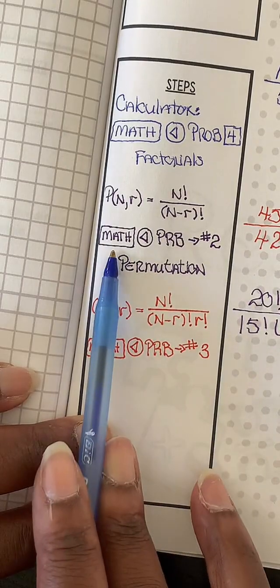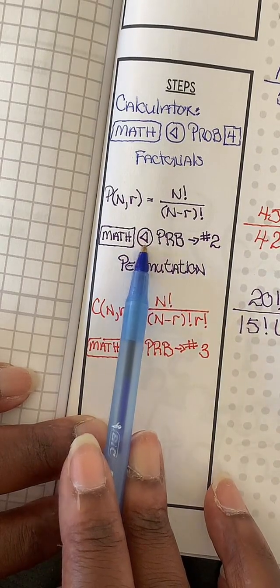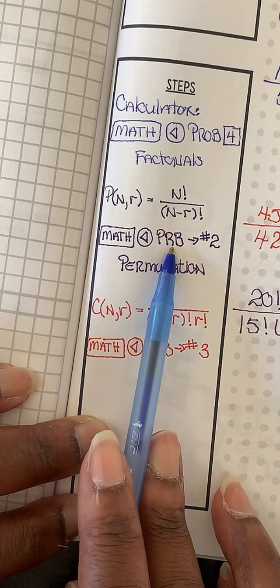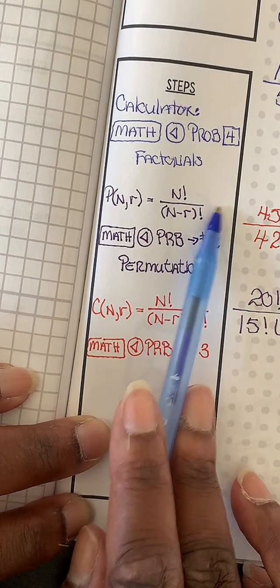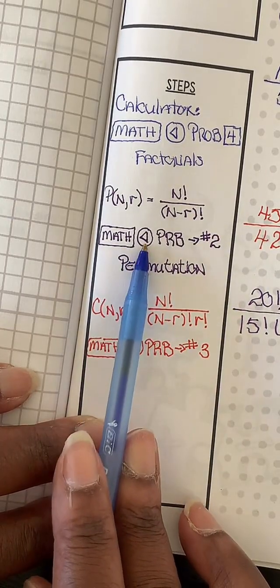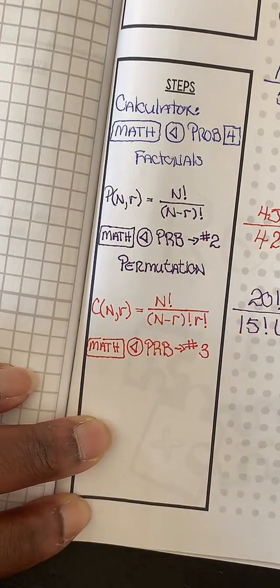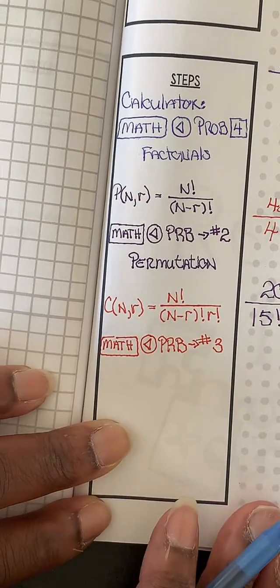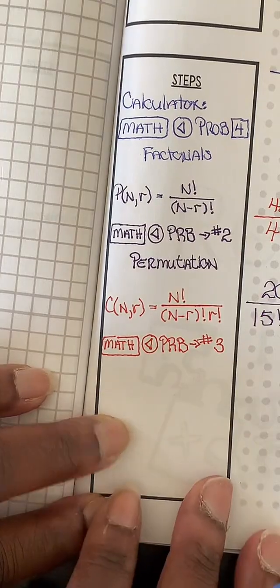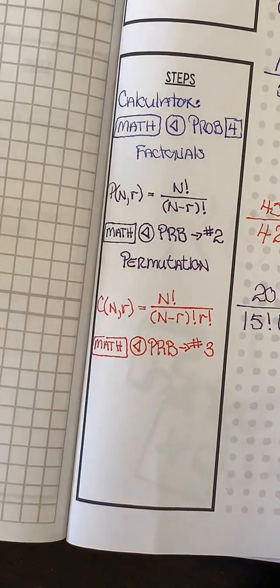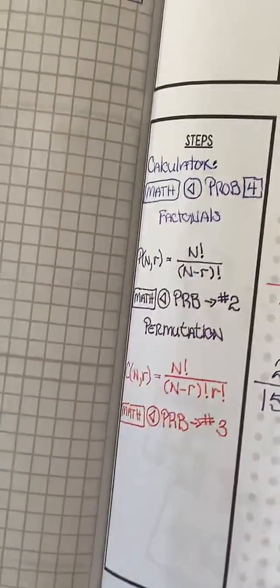You hit math, arrow over to prob, short for probability, hit number 2. Make sure you type in the first number, then math, arrow, prob, number 2, then type in the second number and hit enter. These will be your calculator shortcuts.